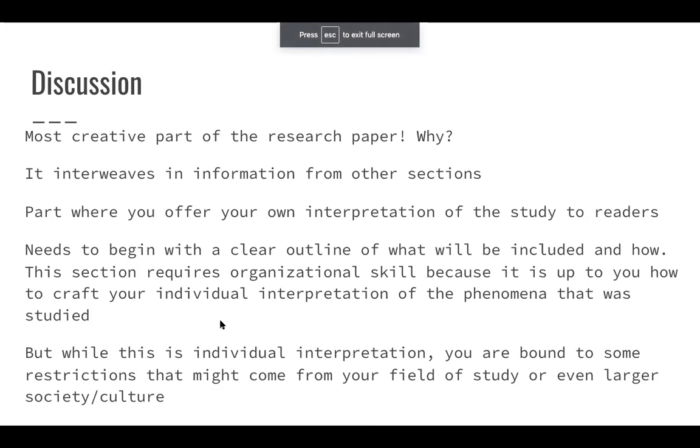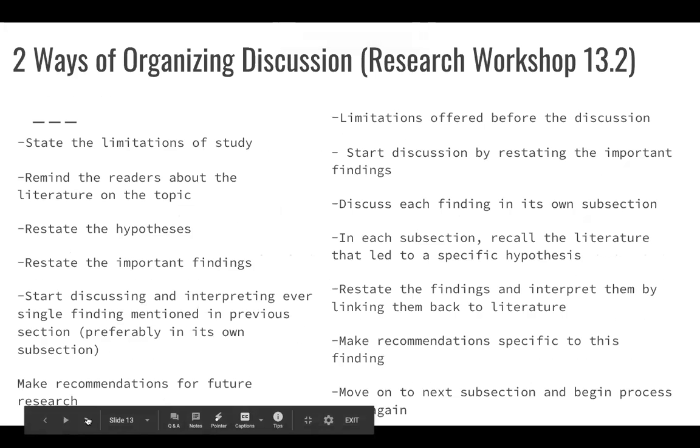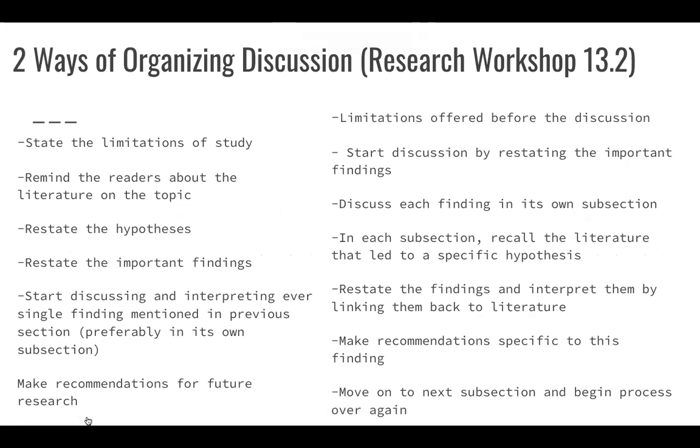I will come back to that last point, but I just want to briefly touch on the fact that in Research Workshop 13.2, your textbook offers two popular ways in which people organize discussion sections.